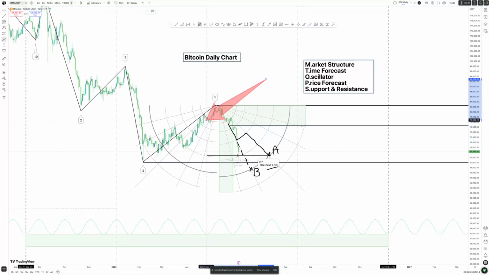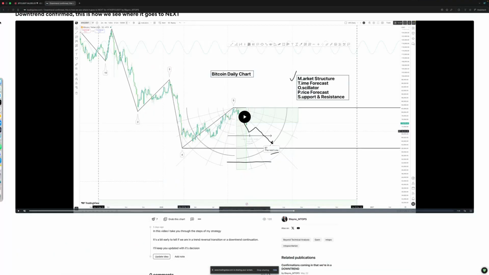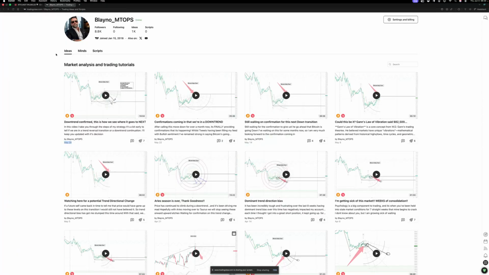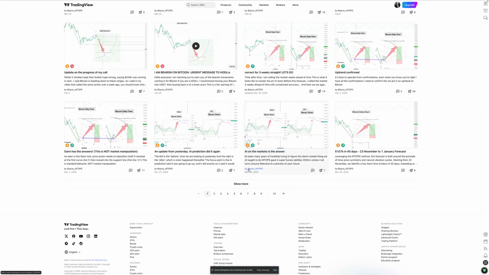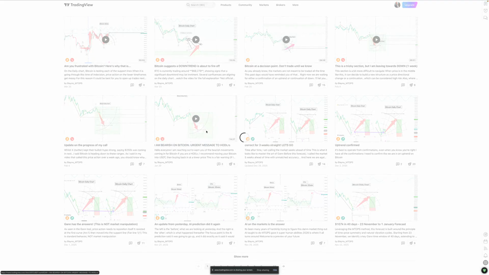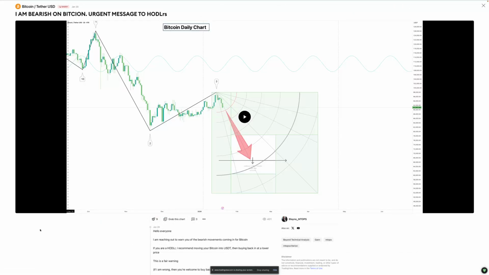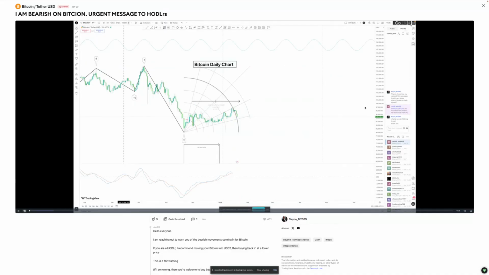So let me just say to anyone who listened to me back in January when I strongly suggested that anyone who was holding Bitcoin gets out of it. Let's see, it was November, yeah, so it would be somewhere here. Yeah, I'm bearish on Bitcoin, and this was when price was, make sure this is muted, there we go. This was when price was still near 100,000.